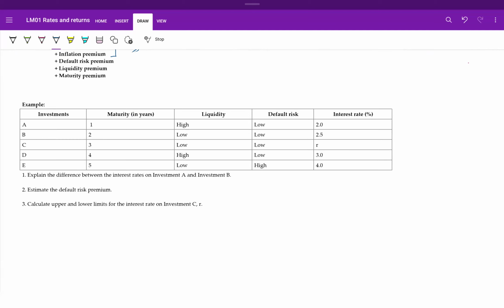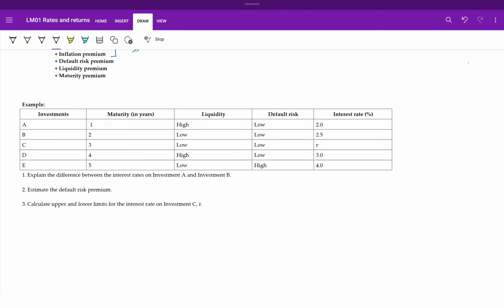Now let's do a quick question, so that you get a better understanding of what we have discussed as of now. This is an example where we are talking about the investment, the maturity, liquidity, default risk, and interest rate. So there are five investments: A, B, C, D, and E. Maturity in years is 1, 2, 3, 4, and 5.